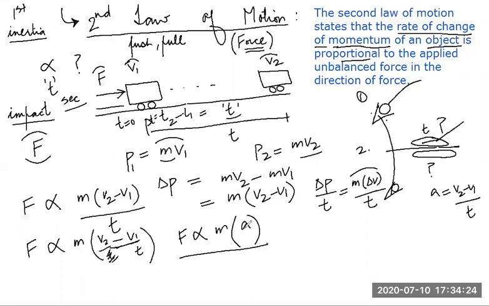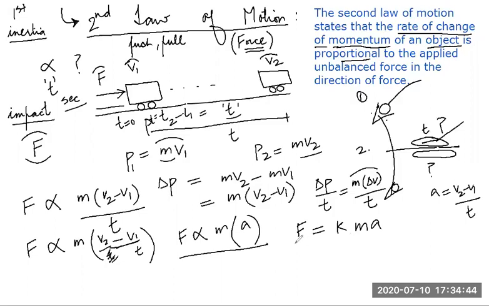Now, if I want to remove the sign of proportionality, I have to replace it with an equal to sign. I must introduce some constant k. So it becomes F is equal to kma. Beautiful.